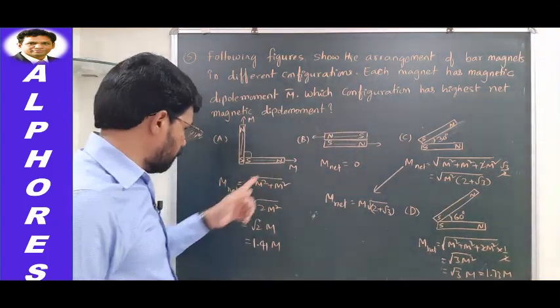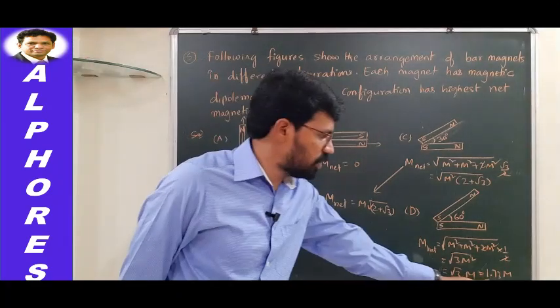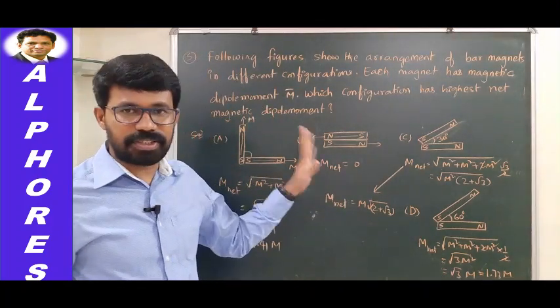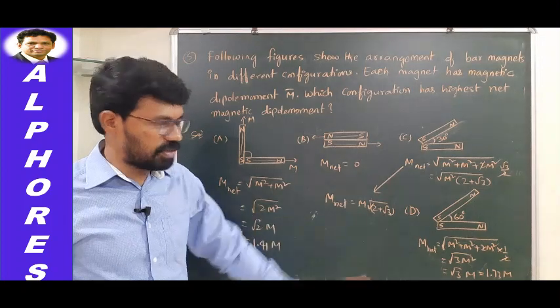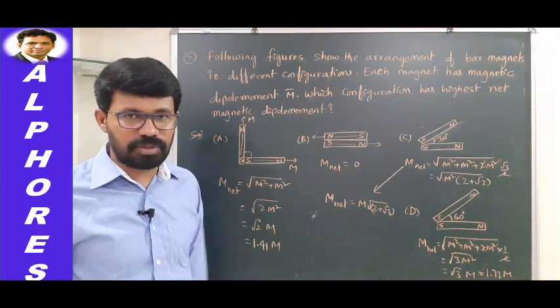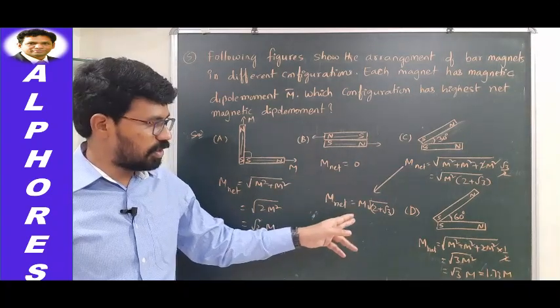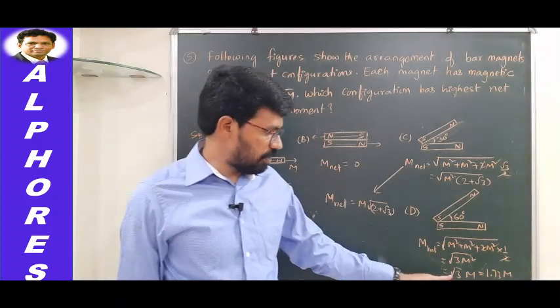Okay. So now compare all these things. Which one will be maximum? This is 1.41 m. This is 1.73 m. So among these two, this one is maximum. Anyways, this is least. Now compare these two things. Here under root 2 plus root 3 is present. Under root 2 plus root 3 is what? Under root 2 plus 1.732, which is equal to under root 3.732. Here you are having under root 3.